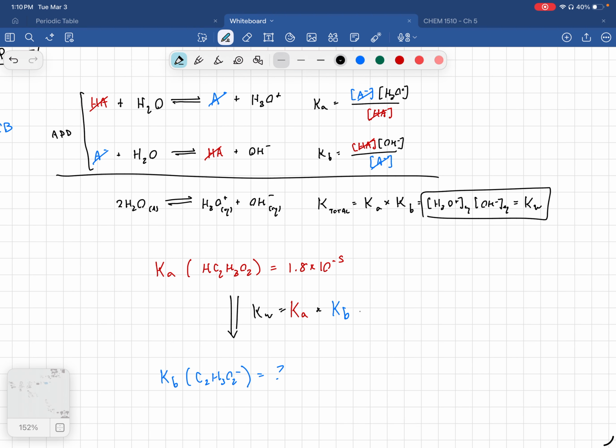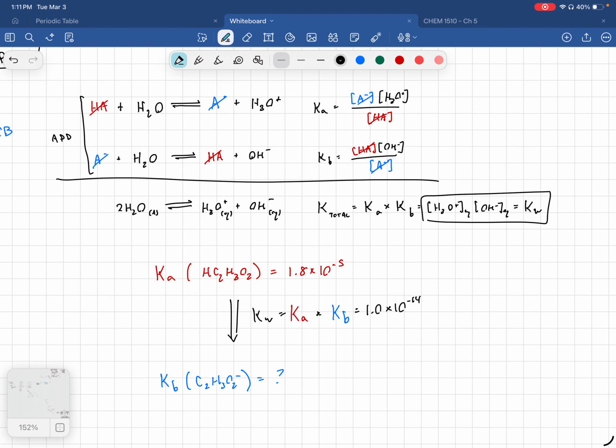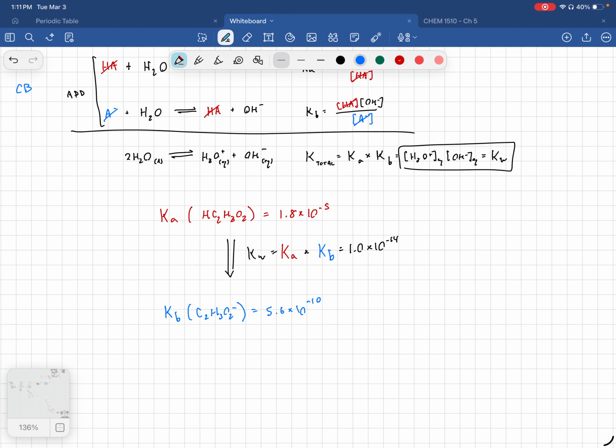At 25 degrees Celsius, Kw is 1.0 times 10 to the negative 14th. So we take 1 times 10 to the negative 14th and divide it by our Ka, 1.8 times 10 to the negative fifth, and we get a final answer of 5.6 times 10 to the negative 10th. If we multiply those together, we get our 1 times 10 to the negative 14th back.